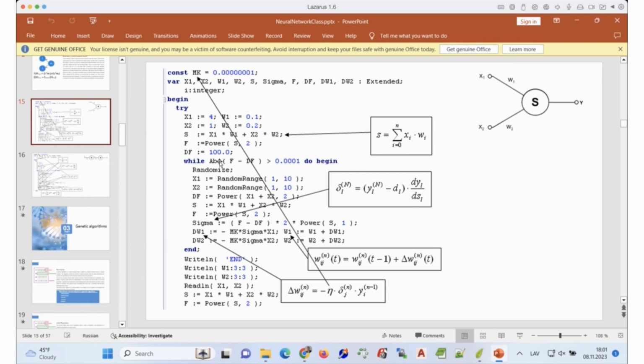So here we have a kind of comparison between the real result and the predicted result. Initially, the real result is kind of faked, so that the while loop can run. And then we randomize the values, we find the predicted calculation, and we find the real result of the neural network.